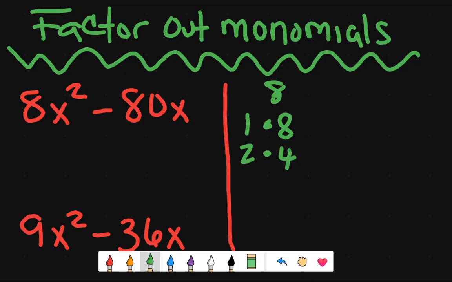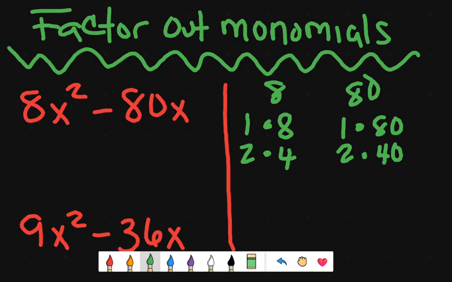Then you can go ahead and list out the factors of 80, because remember, we have to find the greatest common factor between the two. So 1 times 80. Then I'm going to go to 2 next. 2 times 40. Now think about 3. Can we multiply any whole number times 3 to get 80? Of course not.